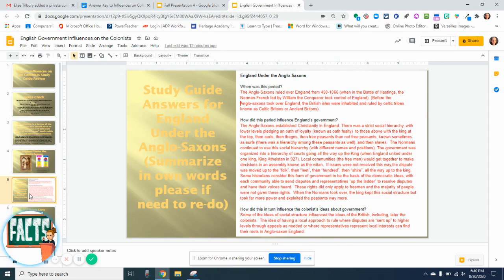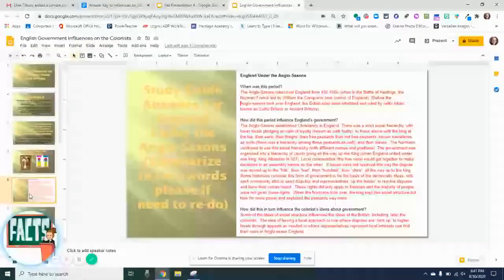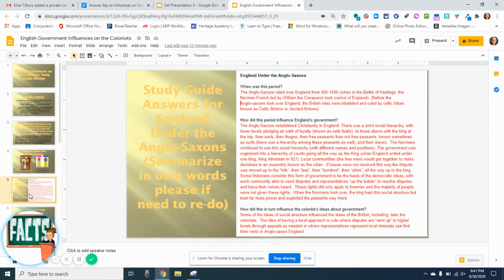So they unite, and then William the Conqueror would later take over with the Norman French, from what is now known as France. Again, they were also not one unified country quite yet, but they came over from the French area and invaded England and set up a new form of government under William the Conqueror.